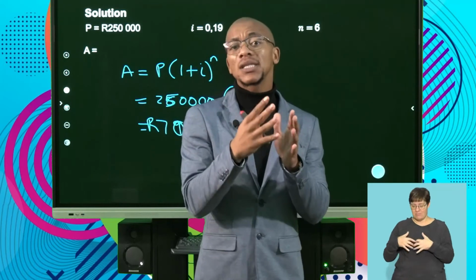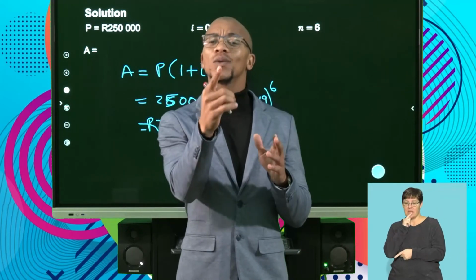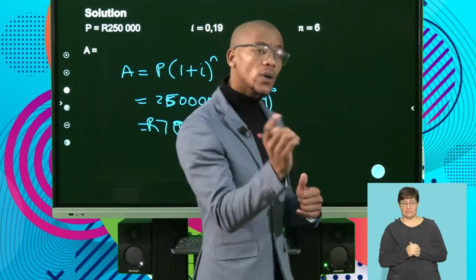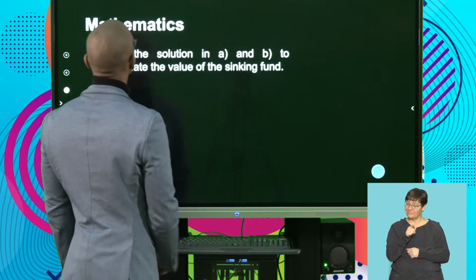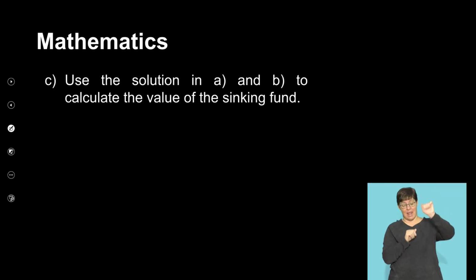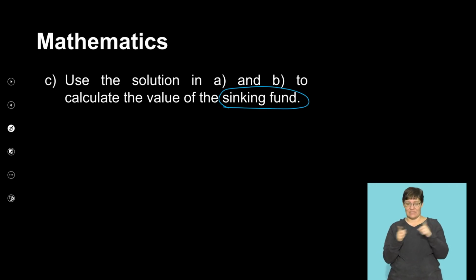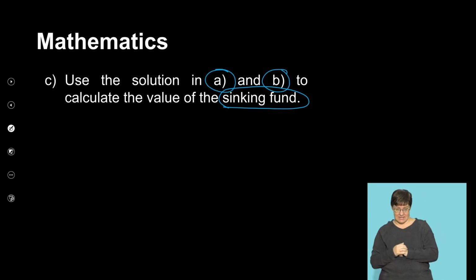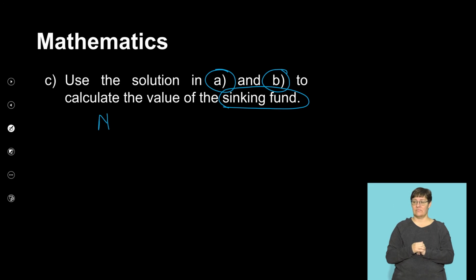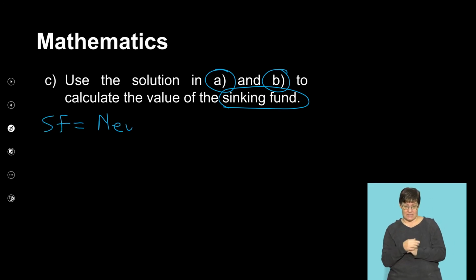They will need to set up a fund, and this fund will be question C. Question C says to us, you use the solution in A and B to calculate the value of the sinking fund. And this sinking fund will be the difference between B and A. So I will say SF is equal to the new price minus the old price, right?